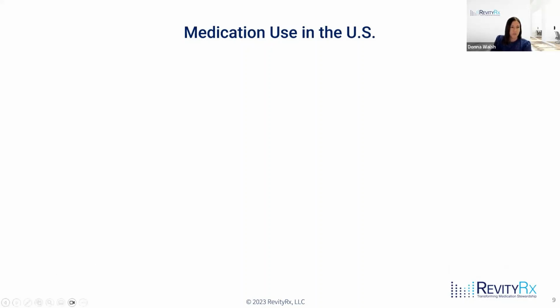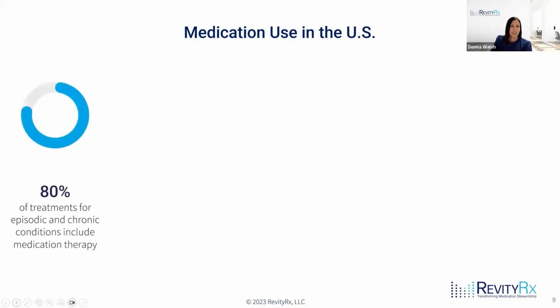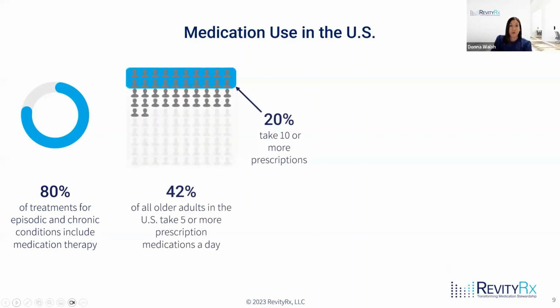So to start with a little bit of background and give a little flavor of what we are seeing with medication use in the United States: 80% of treatments for episodic and chronic conditions include medication. 42% of older adults, and we continue to see this rising, take 5 or more prescription medications.